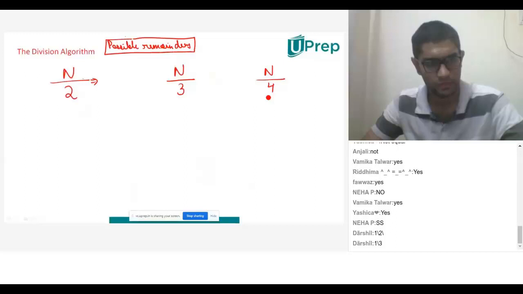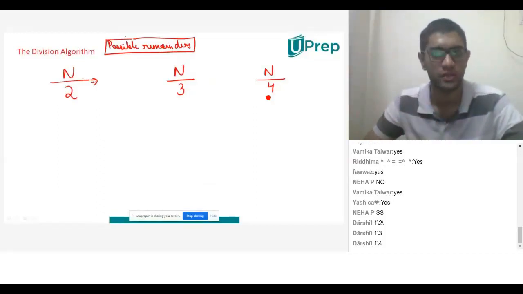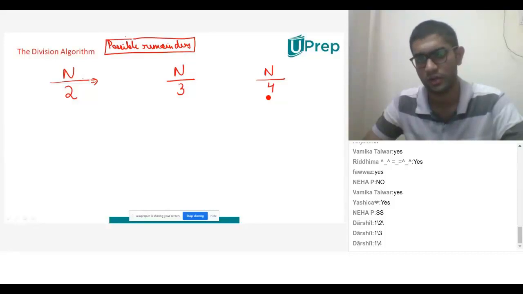Sir, 1. Okay, I'm asking how many possible remainders are there? How many remainders can we get? What is the value of n? And it can be any value. You can take 2, 3, 4, up to you. Just a random number n, guys.